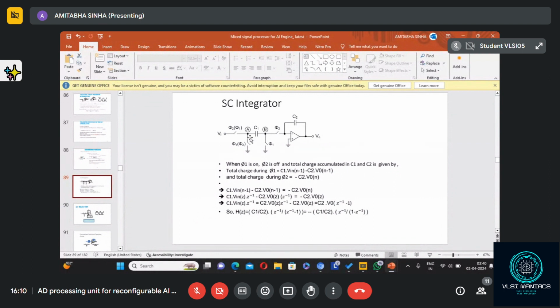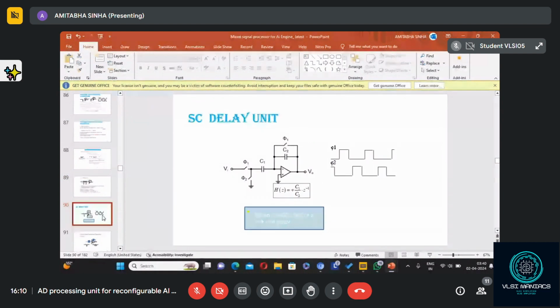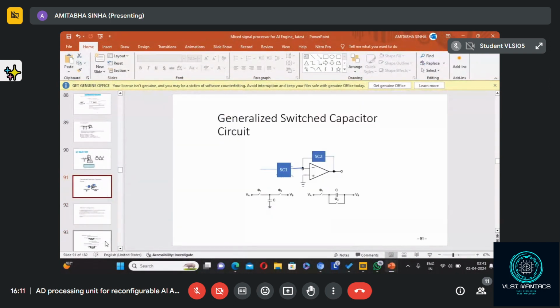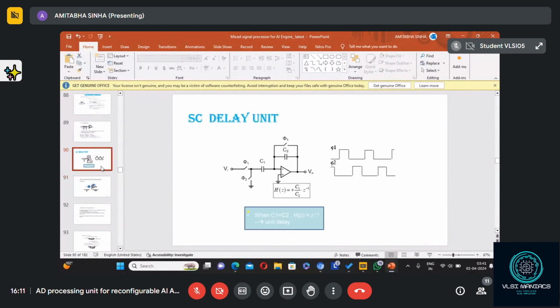Similarly, we can take this kind of circuits. By switching on and off, we can find out Hz equal to C1 by C2 into Z to the minus 1. That is a transfer function in Z domain, which is very important. If we know Hz, the transfer function, we can easily find out the value of Z to the minus 1.